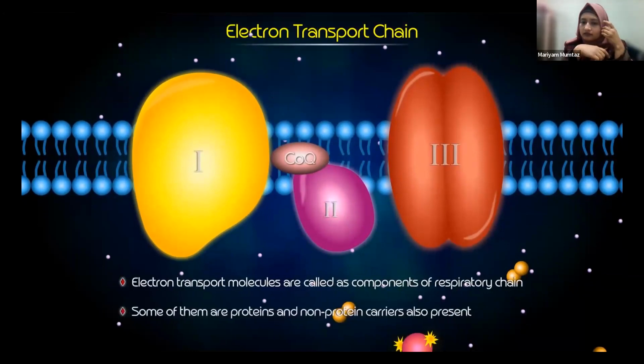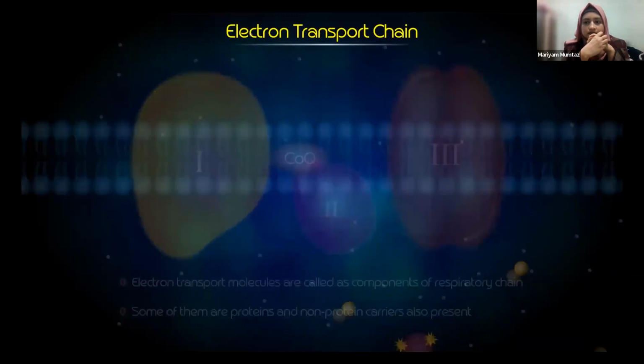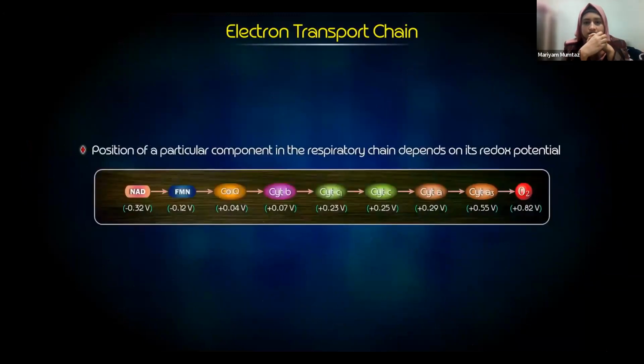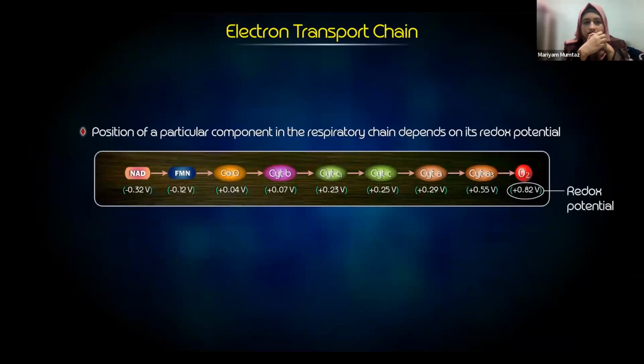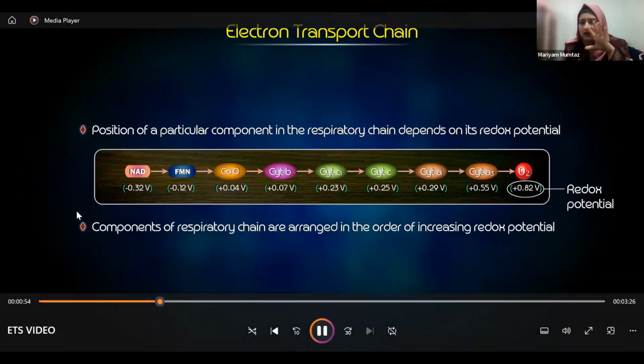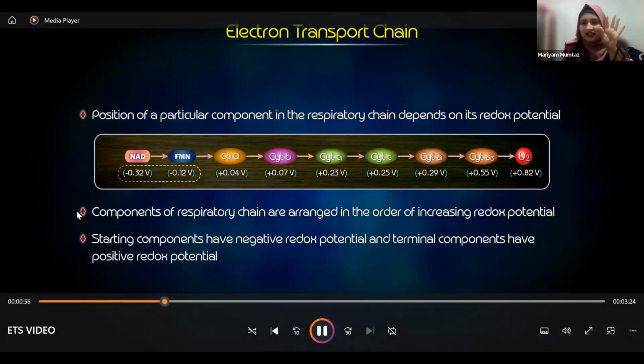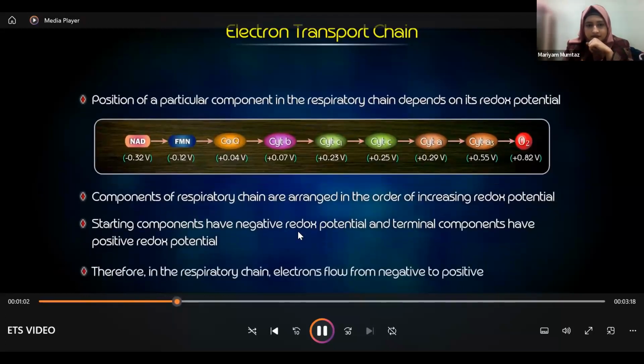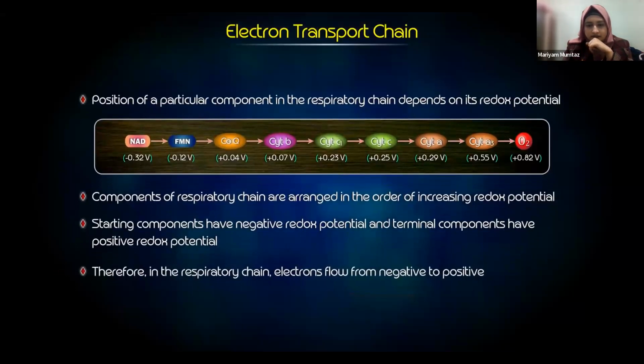Some of them are proteins, however non-protein carriers are also present. The position of a component depends on its redox potential. The components are arranged in the order of increasing redox potential. Starting compounds have negative redox potentials, and terminal components have positive redox potentials. Therefore, electrons flow from negative to positive.